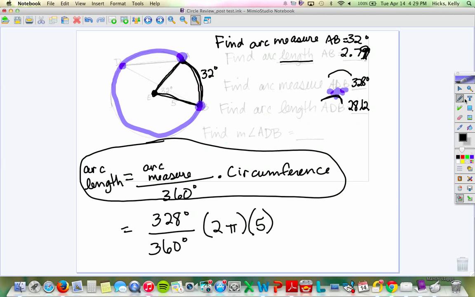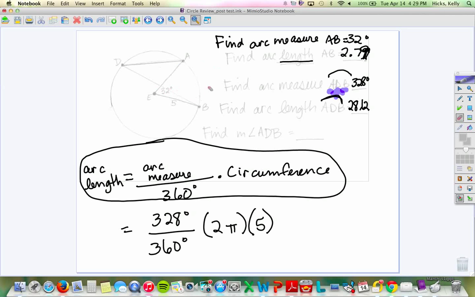Okay, last question. Find the measure of angle ADB. Well, let me erase my mess here. Might be easier if you can see what's going on. All right, that is an angle, the measure of angle ADB. So we need to go from A to D down to B. We need the measure of that angle.